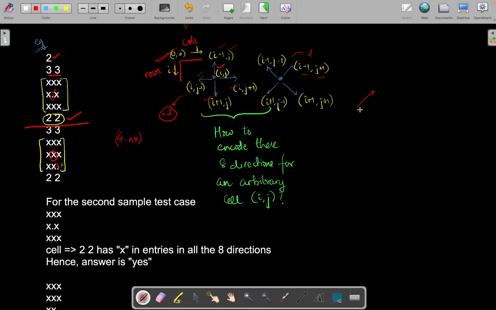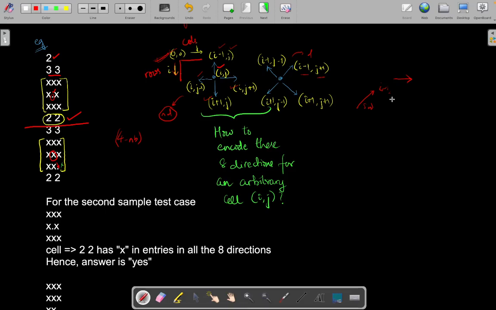If we are moving southwest, then we subtract one from the row, and in the column iterator we increment by one.